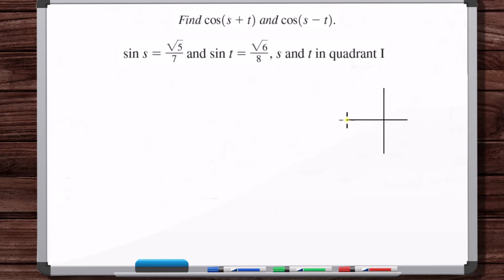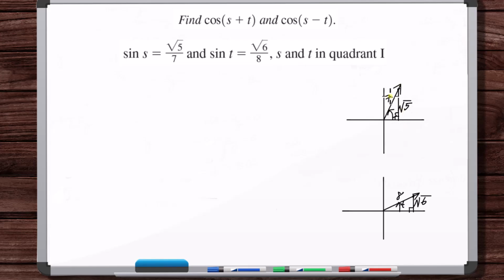Okay, same type of problem. S and T are in quadrant 1, so here's S, T. Okay, so all right, sine of S opposite over hypotenuse, sine of T opposite over hypotenuse.